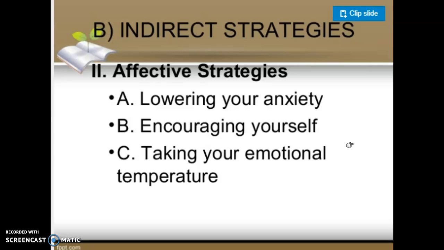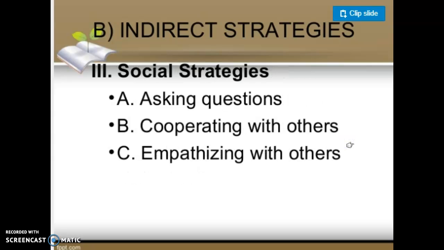Taking your emotional temperature is also a strategy. And then social strategies are asking questions, cooperating with others, and empathizing with others. So here are the indirect strategies from the aspect of social.